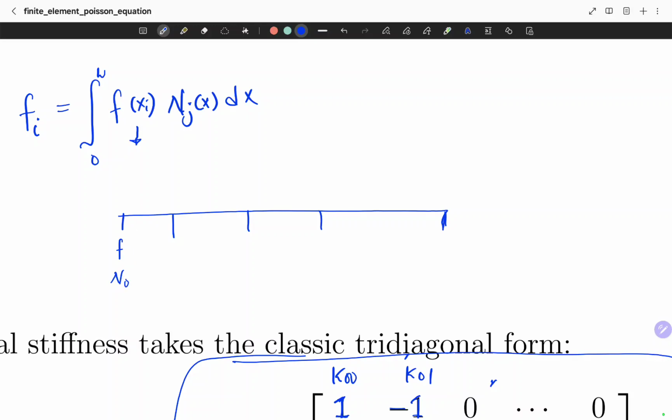So let's call this i and j. Let's call this f j, so you can see the homogeneity. So you can have f0, and then you can multiply them. We know that, for example, this guy runs from here to here, so we know that n0 is x1 minus x over h, because it's going down.